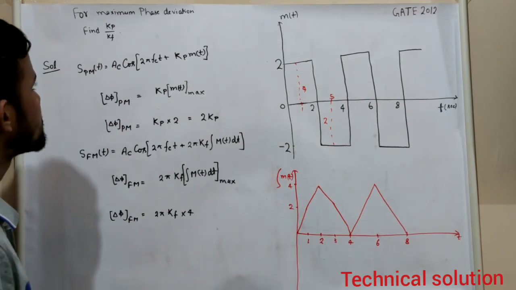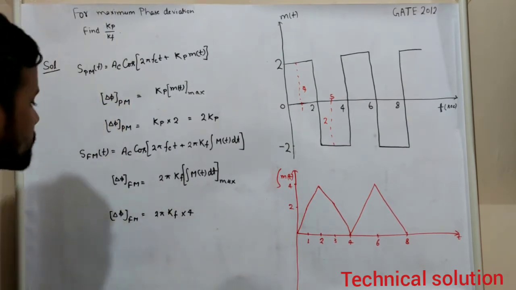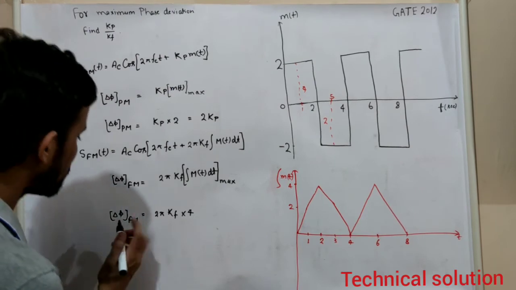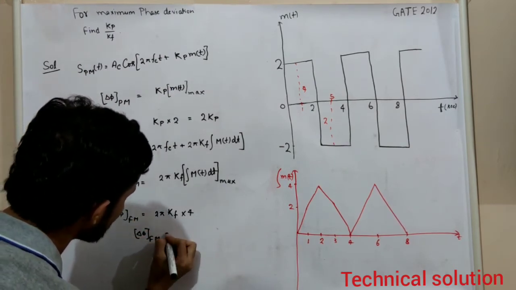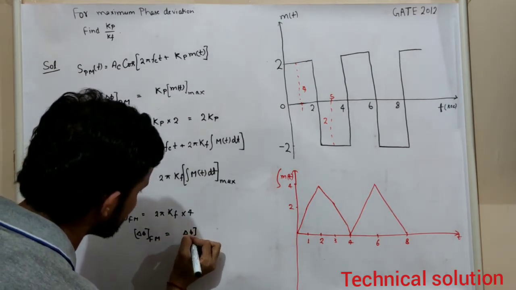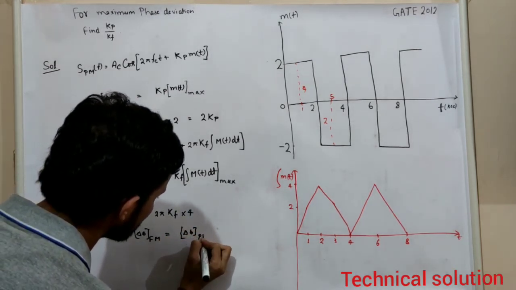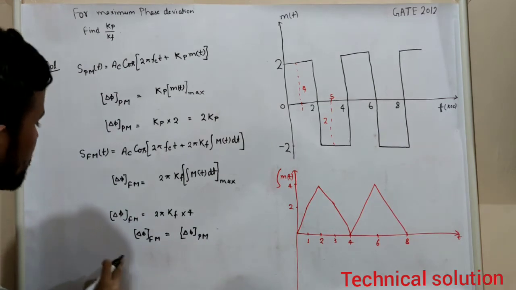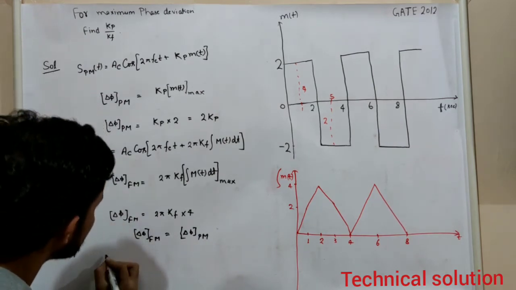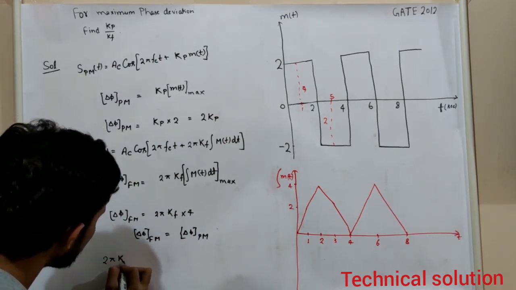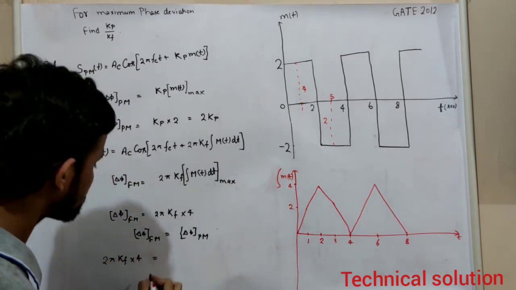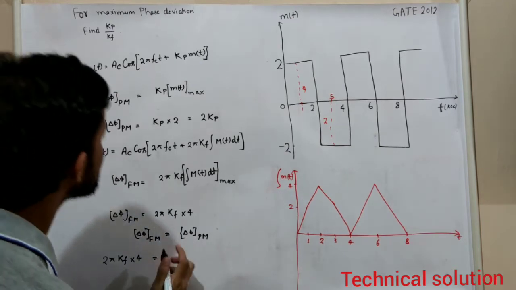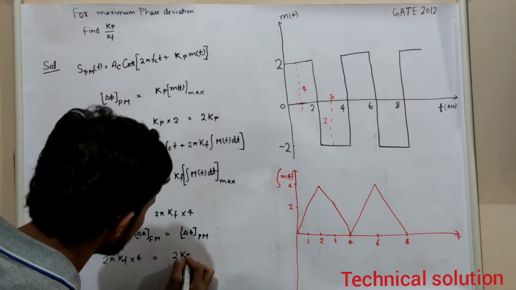And in the question it is given that for the same maximum phase deviation, this delta phi of FM and this delta phi of PM are the same. Therefore, delta phi of FM is given as 2 pi Kf into 4, and delta phi of PM is given as twice Kp.